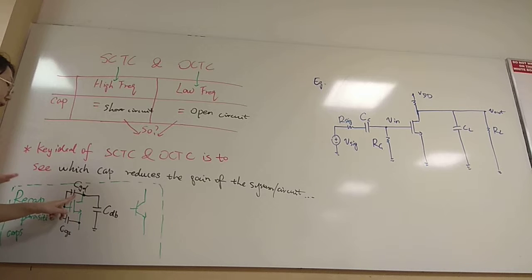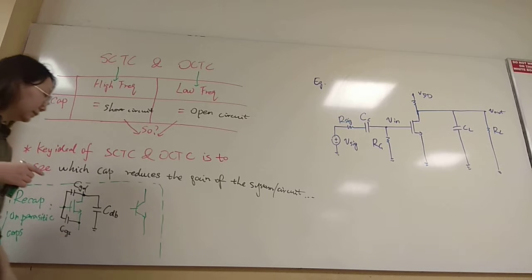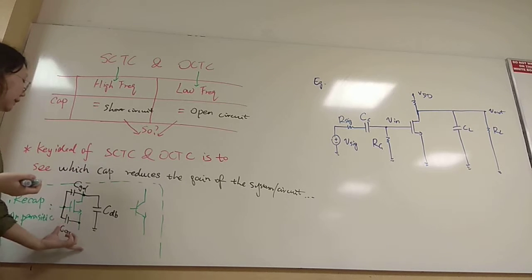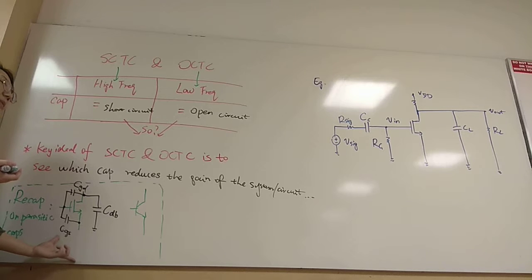But when we want to talk about capacitor, usually we are talking about AC. So no matter what VDD or ground you are tying your base to, this terminal is always an AC ground. So these are the 3 parasitic capacitors for your MOSFET.